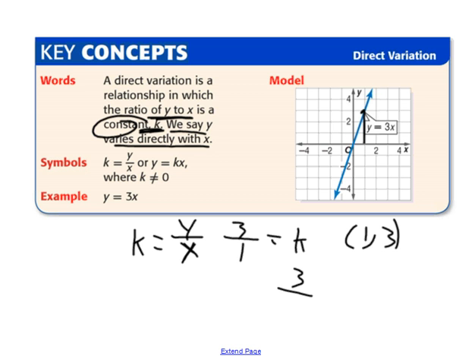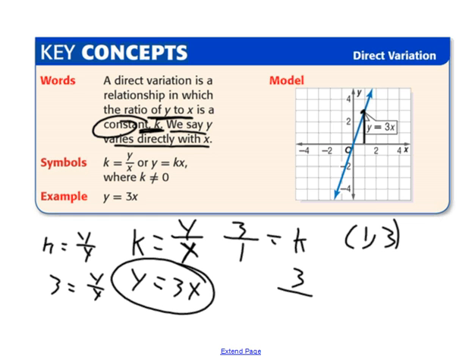We can then take this equation, k is equal to y over x, or 3 is equal to y over x. We can multiply both sides by x, and we get y is equal to 3 times x, and that becomes the equation for this direct variation.